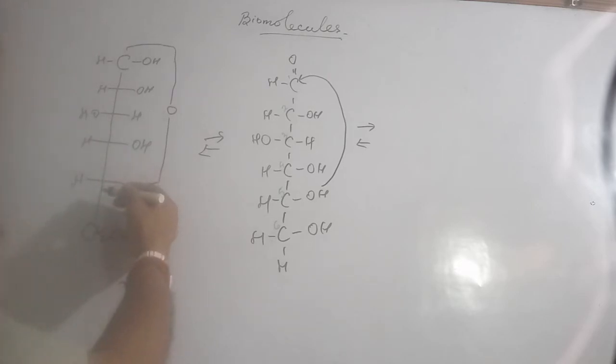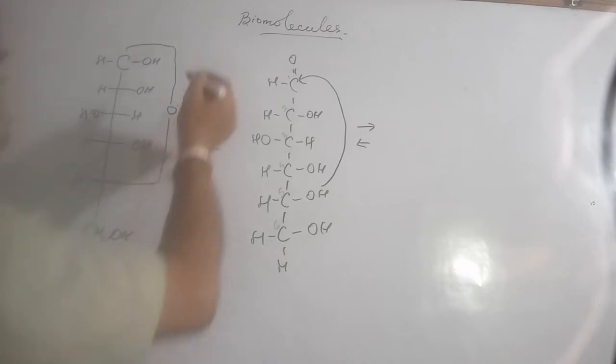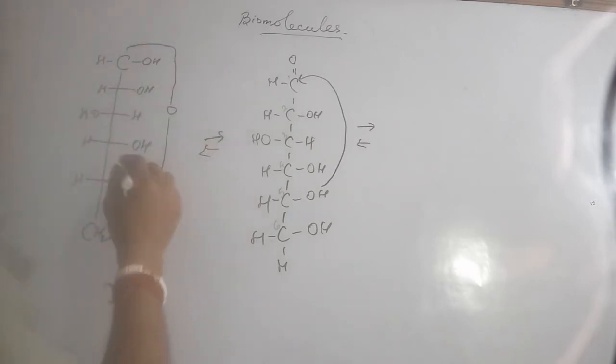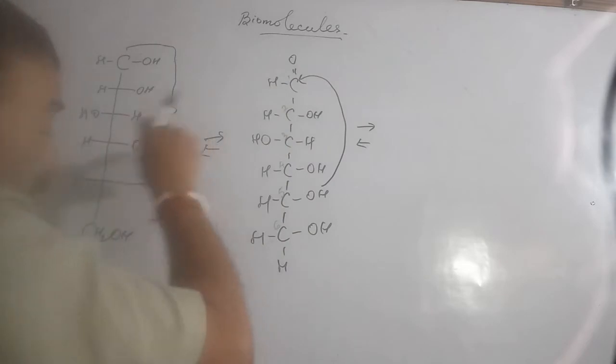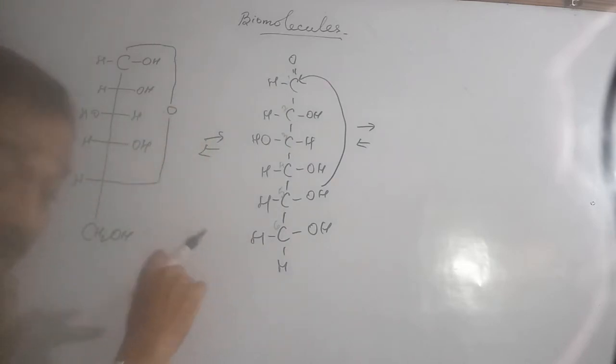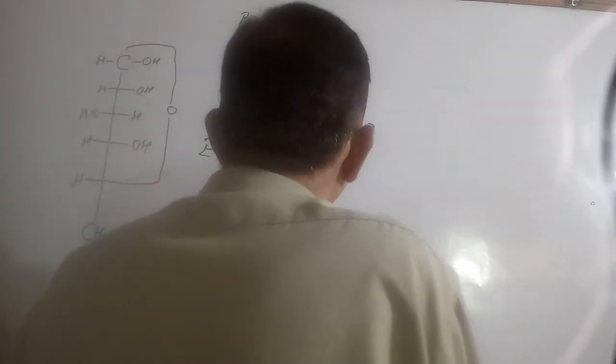So carbon number 5, the OH group present on carbon number 5, is linked to the CHO group, and this cyclic structure is obtained.